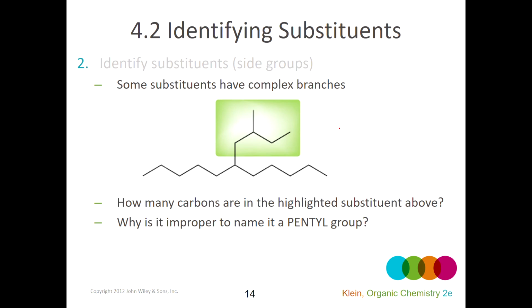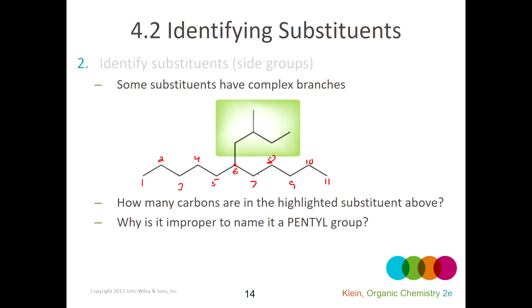So it gets more complicated. Sometimes the grouping isn't just an extended chain of carbons. It might have its own branching. So here's my branch point off the parent. If this was the molecule I was analyzing, I would start here, number it 1, 2, 3, 4, 5, 6, 7, 8, 9, 10, 11.